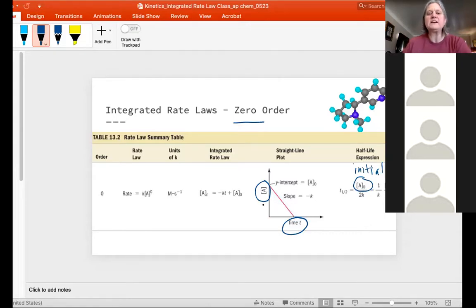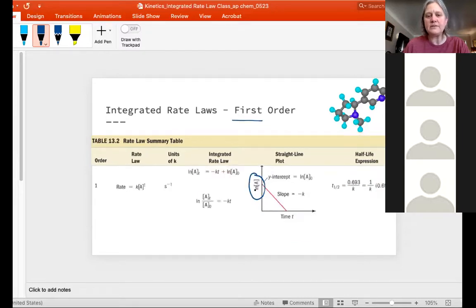And so if a scientist has a reaction that they want to study and they want to figure out what order it is in A, they could use the table like we do, but they could just graph it. They can graph the concentration of A over time. They can figure out the natural log of all those concentrations of A and graph that over time.